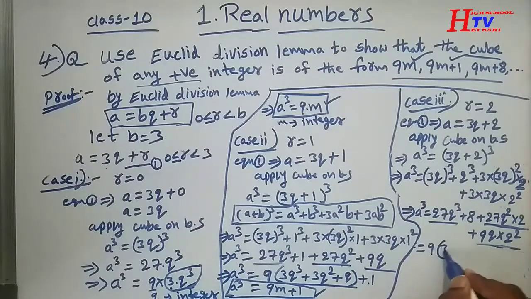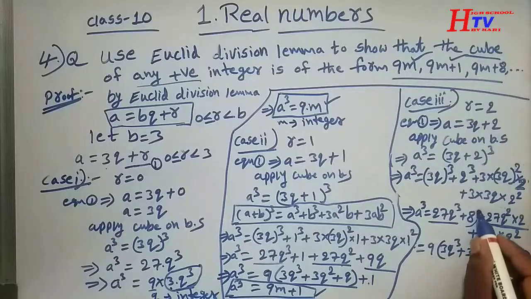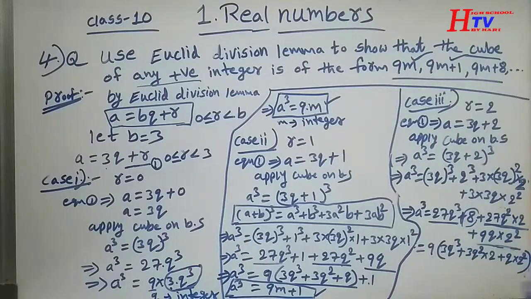From the 27 remaining 3q cube. From this, 9 taken out, remaining 3q square into 2, plus here 9q, 9 taken out, remaining q into 2 square, bracket close, plus remaining 8.